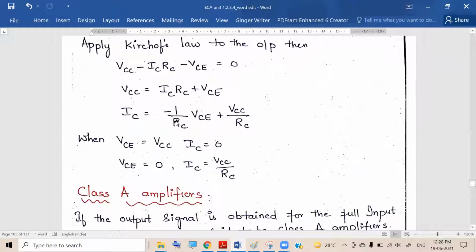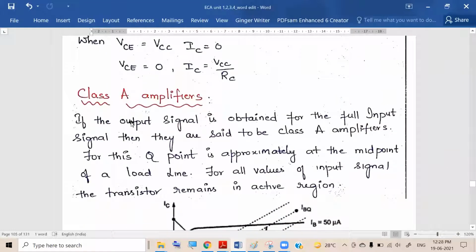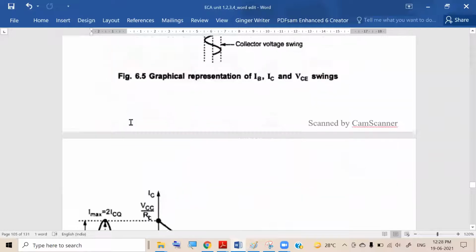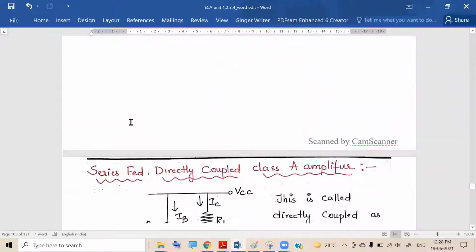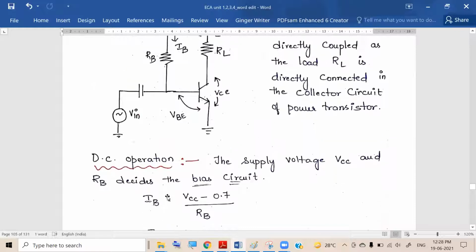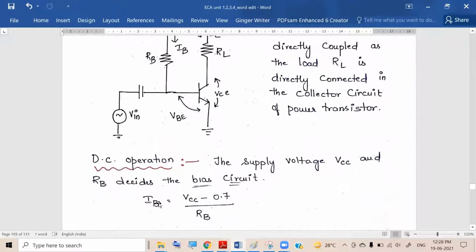Point means you are fixing values. VCC and RC are fixed. Now, if we fix IC, how can we fix IC? We can fix IC by fixing the IB. What will IB be here?